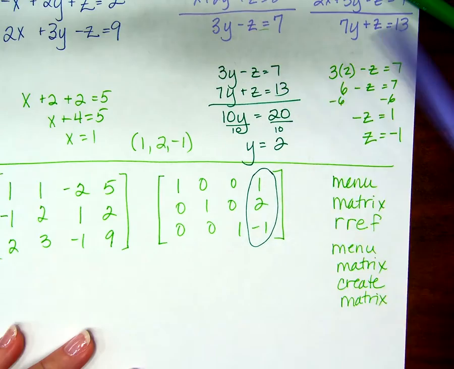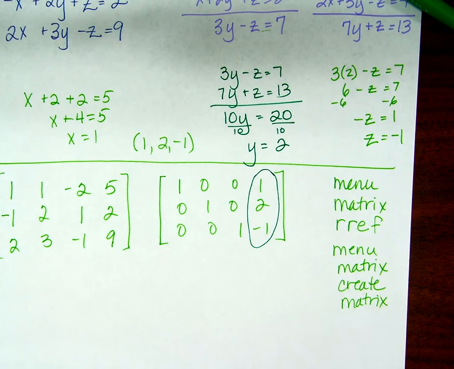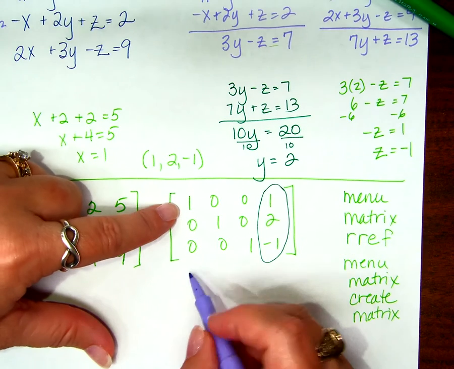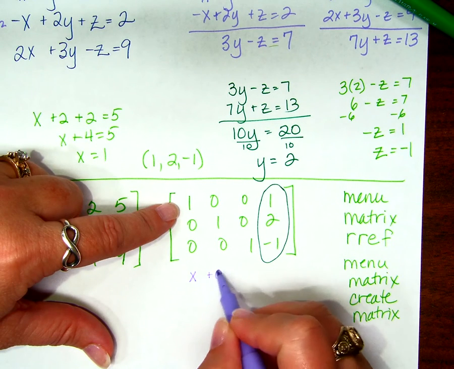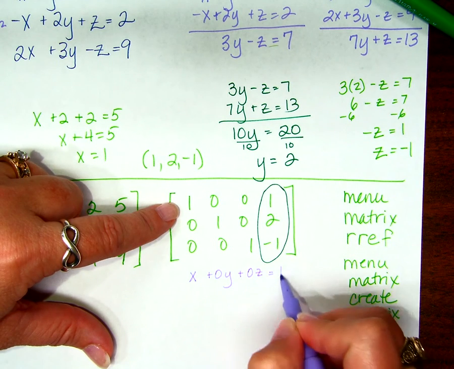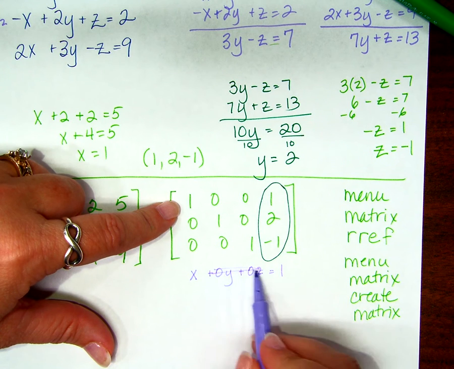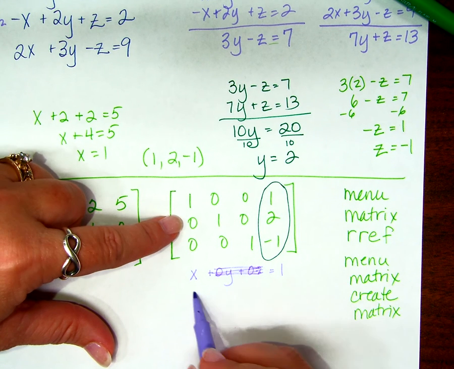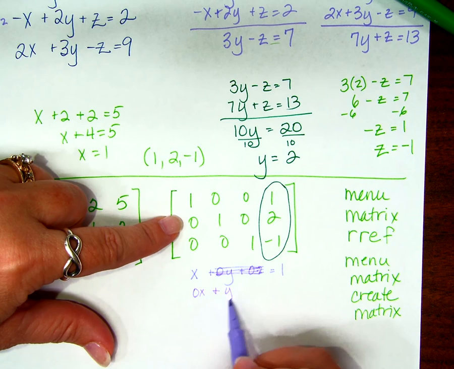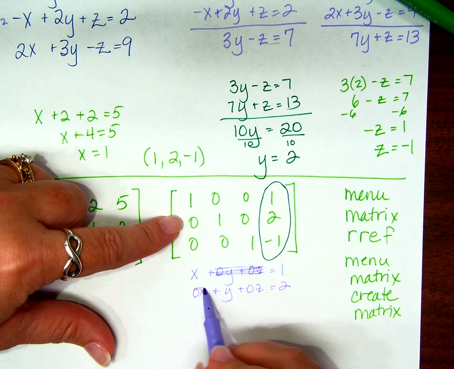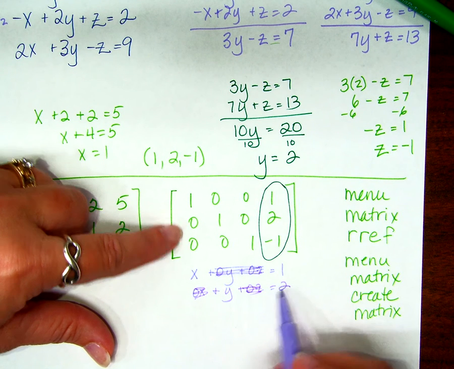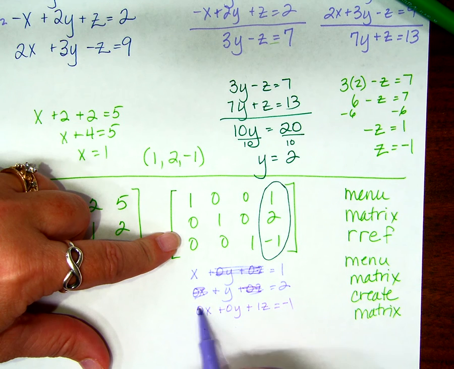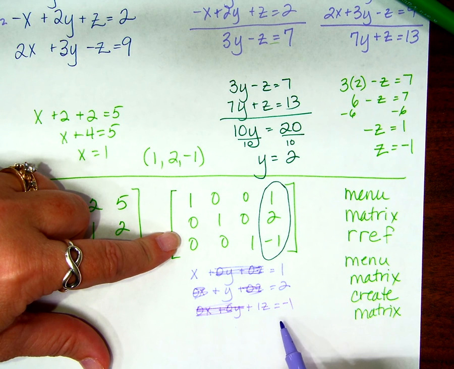If I transferred this matrix right here back into a list of equations, wouldn't this say 1x plus 0y plus 0z equals 1? And isn't 0y and 0z nothing? And doesn't x equal 1? And 0x plus y plus 0z equals 2. So y equals 2. And 0x plus 0y plus 1z equals negative 1. So z equals negative 1.